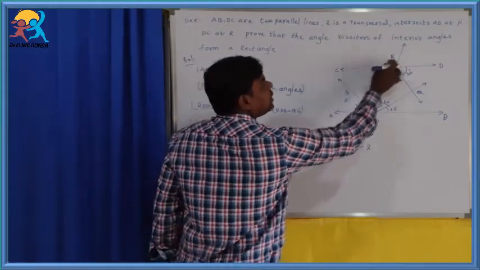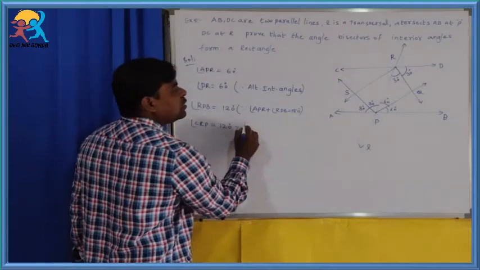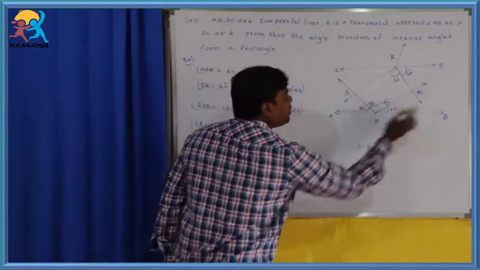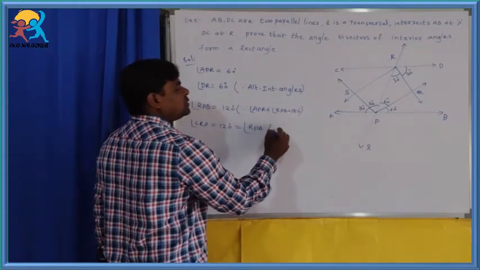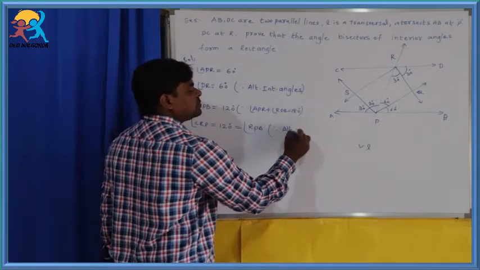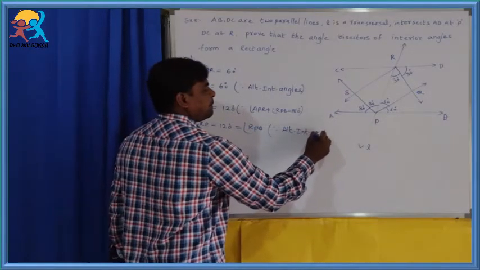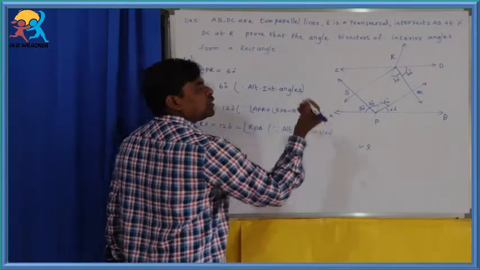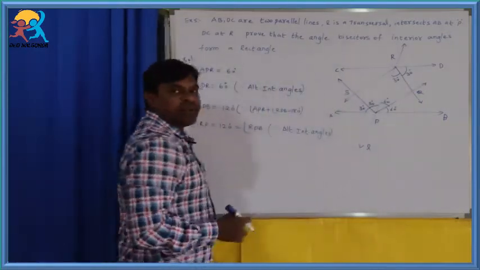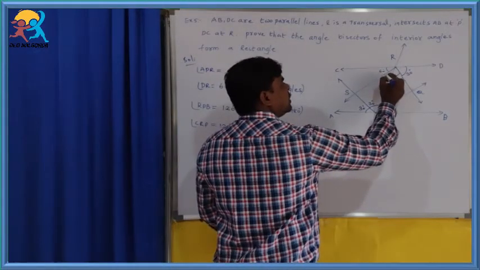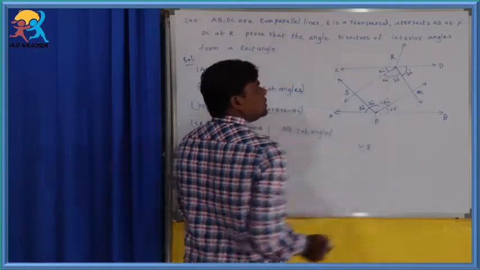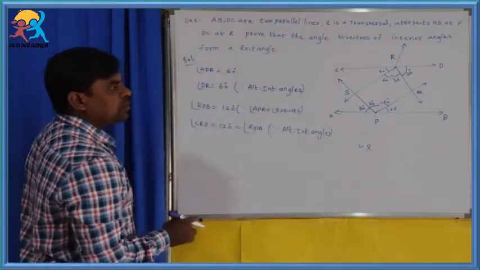Because angle CRP is equal to angle RPB, since they are alternate interior angles. So RS is the angle bisector, that is why it will be 60, it will be 60. Check this once.